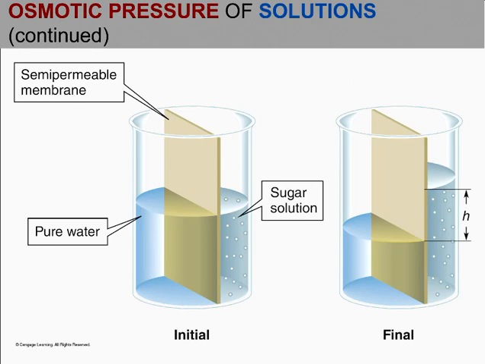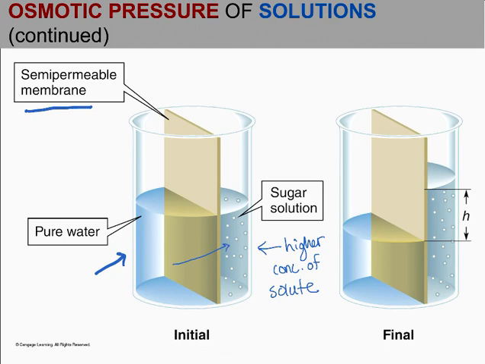On the left we have an initial state where pure water is on one side of a semi-permeable membrane, and a sugar solution is on the opposite side. Remember, if you have more solute, that's going to increase the concentration. So the right side of this beaker has a higher concentration of solute, which means solvent is going to naturally flow over to that side.